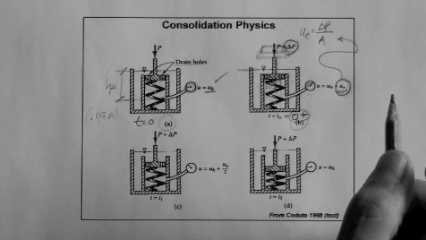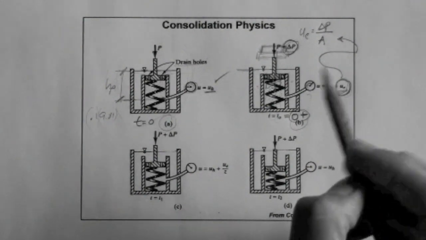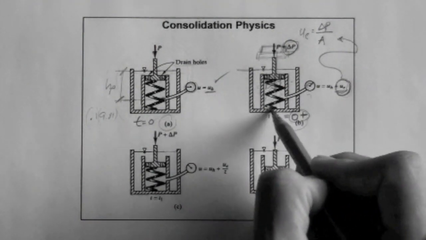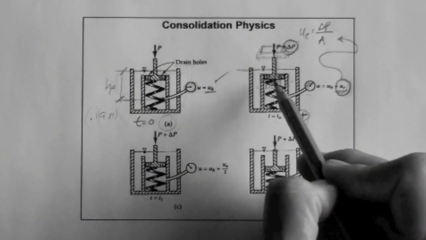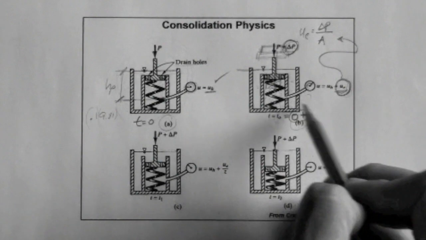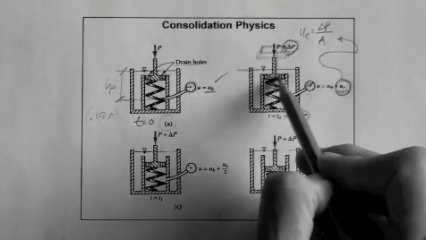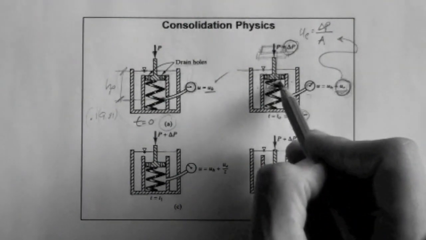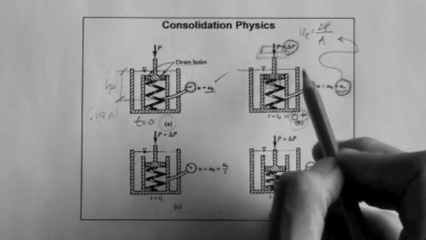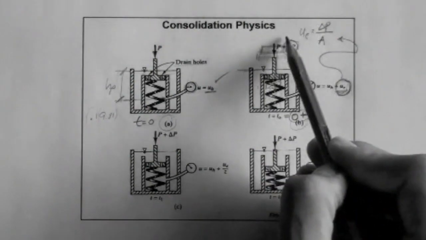In fact, the stiffness is higher than that of the spring. If the stiffness of this spring were higher than that of the water, then this wouldn't happen. The spring would carry the load. But because the water has a higher stiffness than the spring, it carries the load imposed initially.